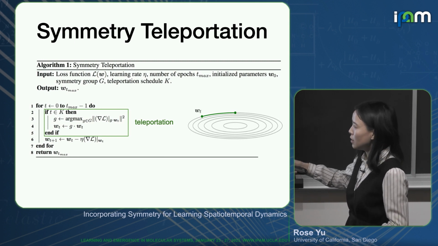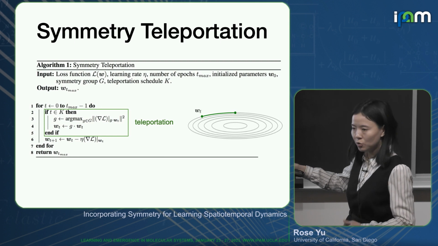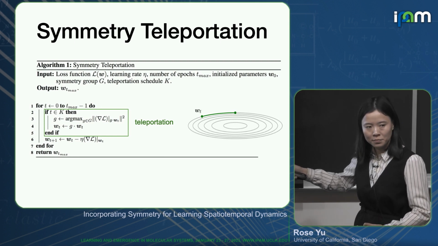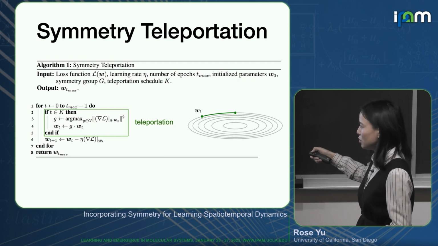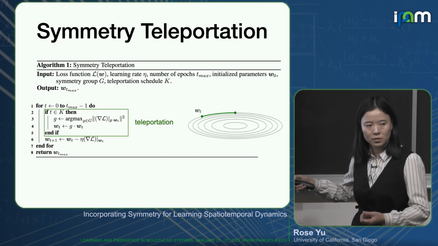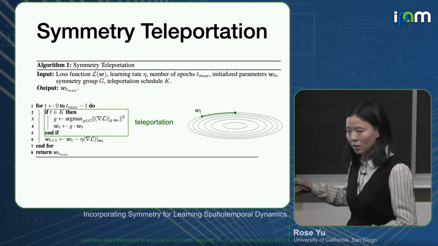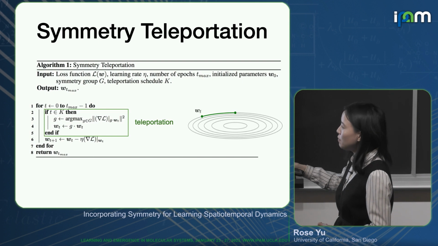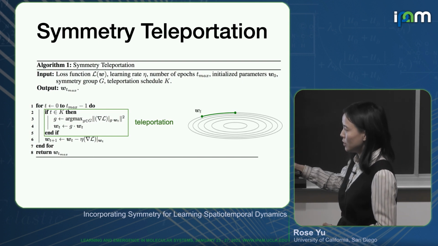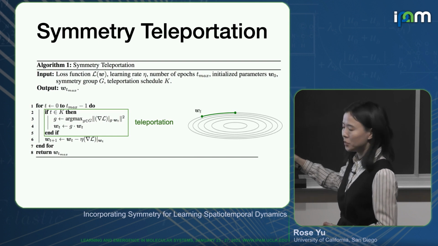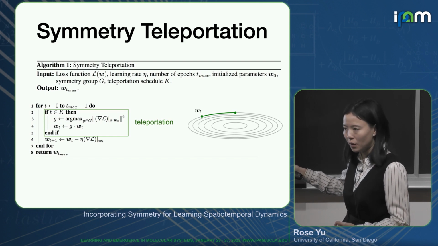In this case, we're using symmetry because we can apply group transformations to the parameters. And because the loss doesn't change, teleportation hasn't affected the loss. The difficult part is this subroutine, which is to find a group transformation that belongs to the symmetry of this optimization problem.